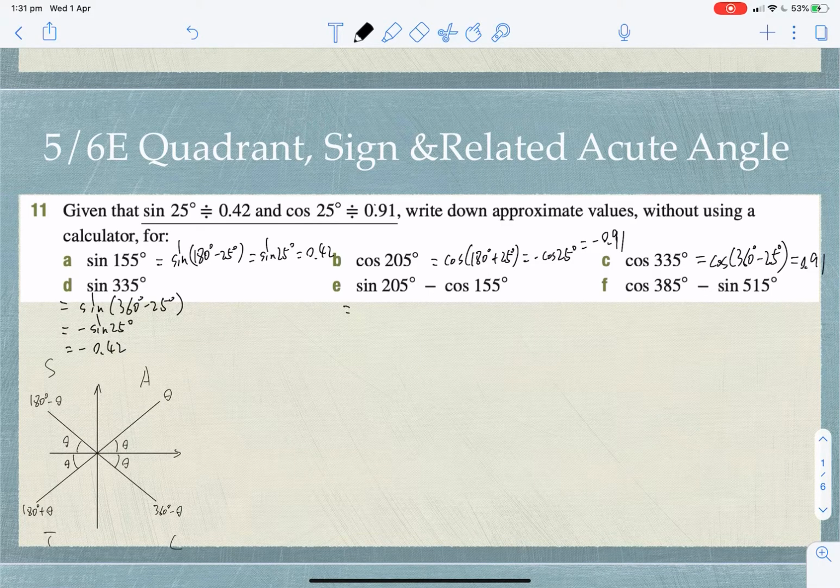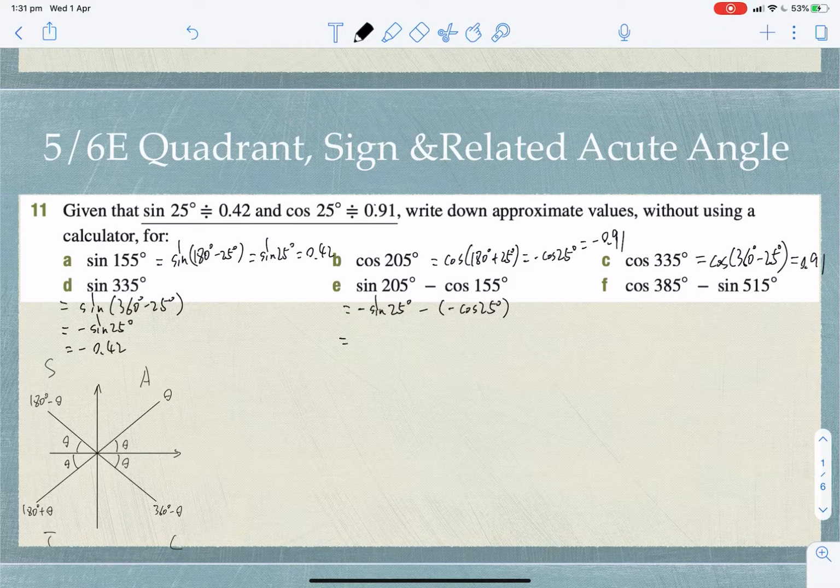Next one, similar, sine 205. Sine 205 is 180 plus 25, so in the third quadrant, so it's negative sine 25 degrees. Minus cos 155. Cos 155 in the second quadrant is basically cos 180 minus 25, so cos in the second quadrant is negative, so negative cos 25 degrees.